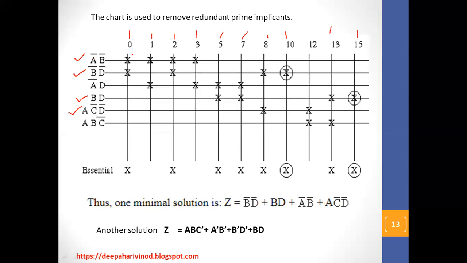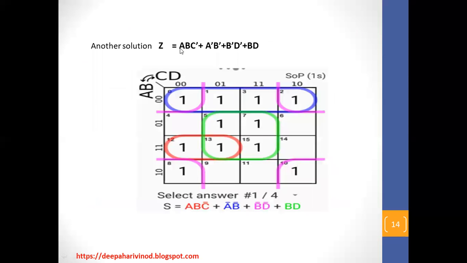Either I can choose a bar, b bar to cover 1 and 3, or also I can choose some other, that is a bar d to cover 1 and 3. So you have so many minimal solutions. You can check it out. I have verified the same thing using my K-map, that is the 4 variable K-map, and I have obtained this answer.